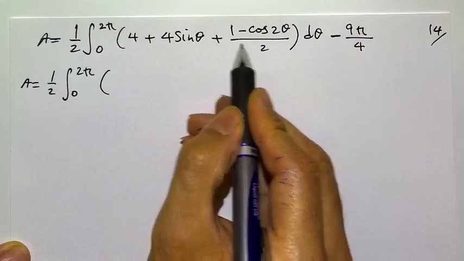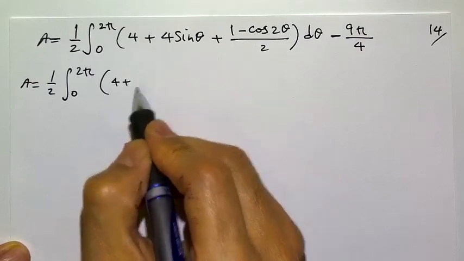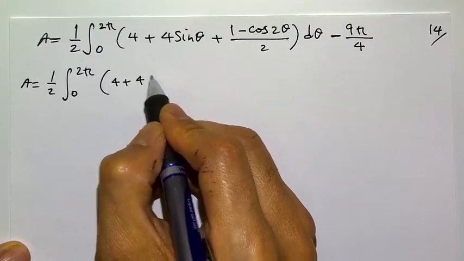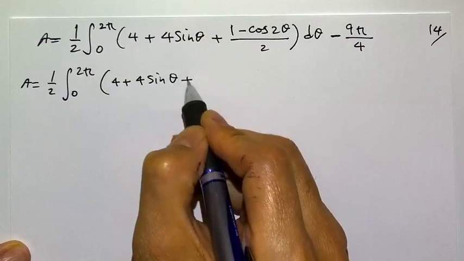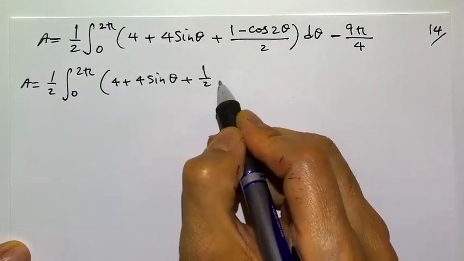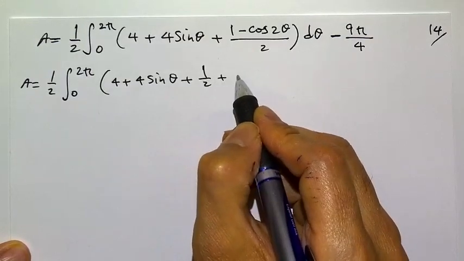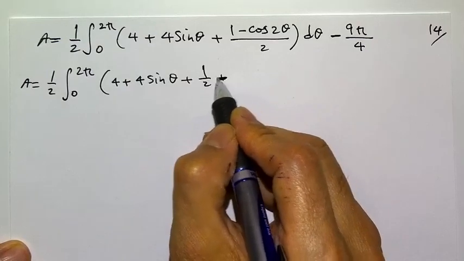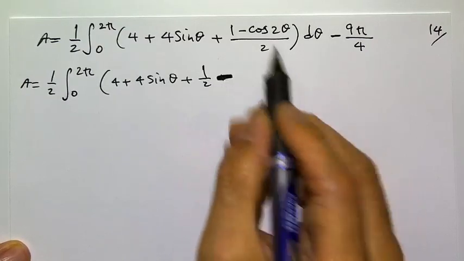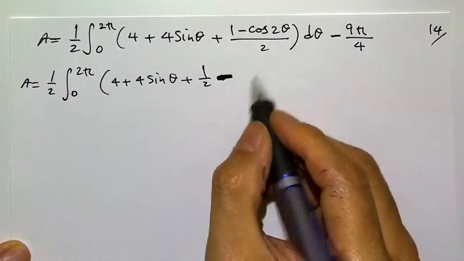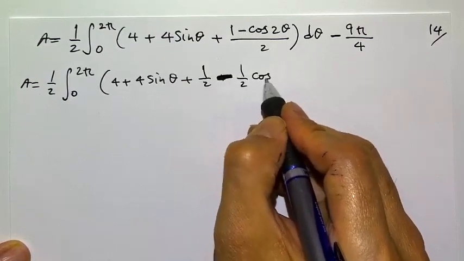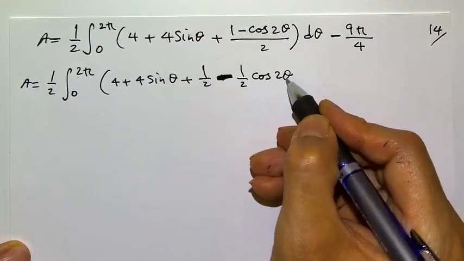And let's break this up again like the examples we've done so far. 4 plus 4 sine theta plus 1/2, minus 1/2 cosine 2 theta.